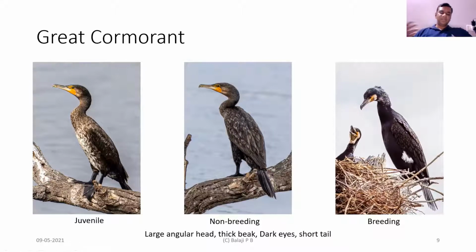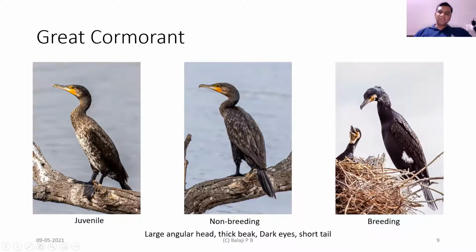And when I say a long tail or a short tail, you can appreciate this better when you see the birds in flight rather than when perching. In breeding plumage, the great cormorant normally has a white patch on its thighs.